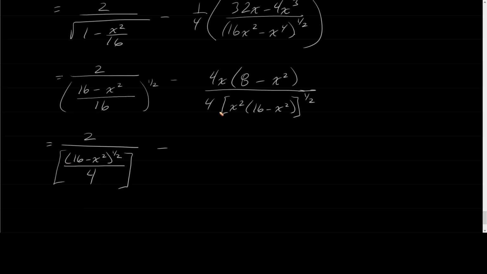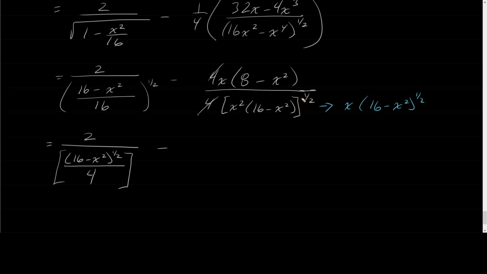Let's see what we can do over here. Well, these 4's reduce. All right, this x squared to the 1/2, right? Let me show you what happens here at the bottom. X squared to the 1/2 is just x, and then we have times 16 minus x squared to the 1/2. So this 1/2 applies to both here and here.